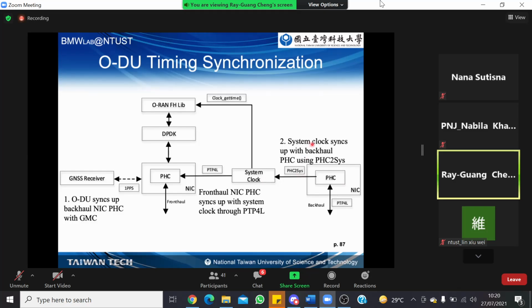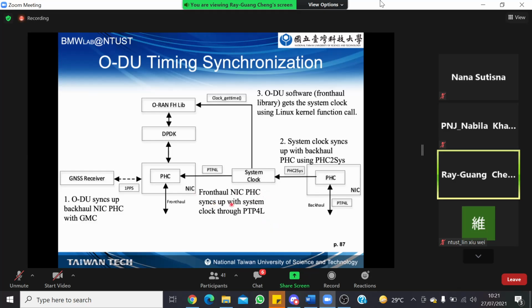So you need a clock source using PHC to SYS to synchronize the clock for this ODU. Then the ODU software can use this clock as a reference source to get the system clock from the Linux kernel, so the Fronthaul library can get the exact time. When you transmit the packet, you need to carry the timing in the Fronthaul library, so the Fronthaul library uses this process to get all the information.